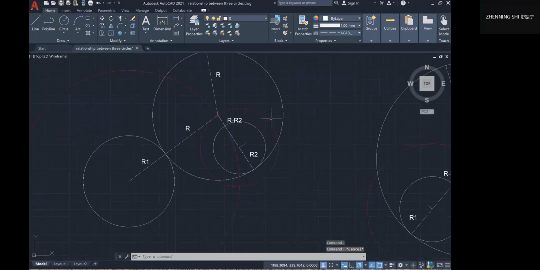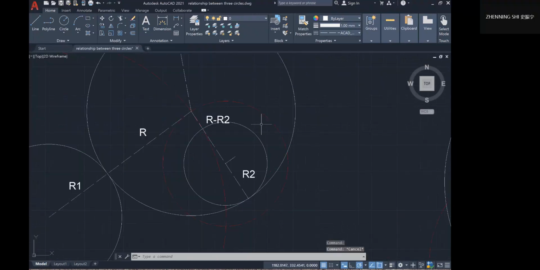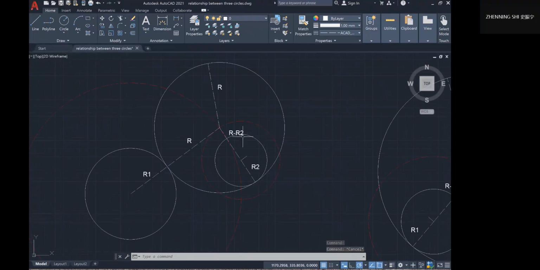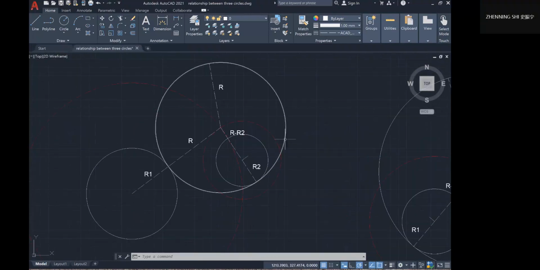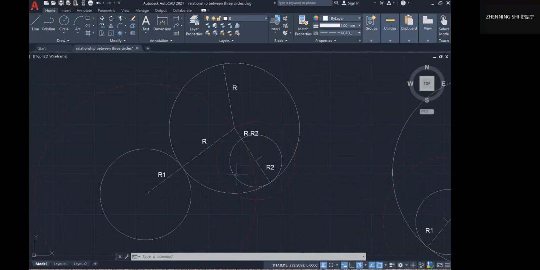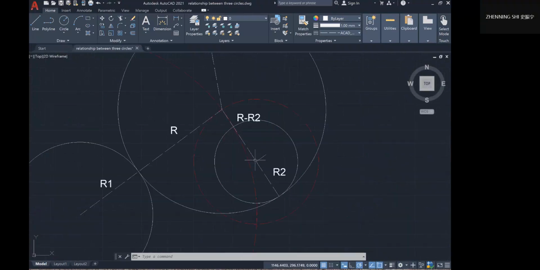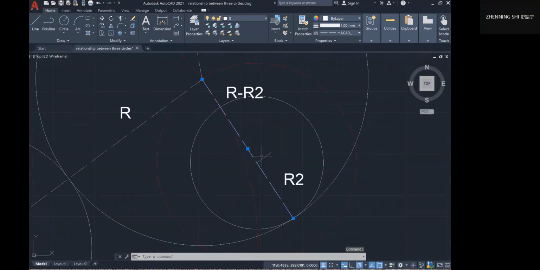I think it's the same. Just the difference is one is circumscribed and one is inscribed. Okay, can everyone understand this?